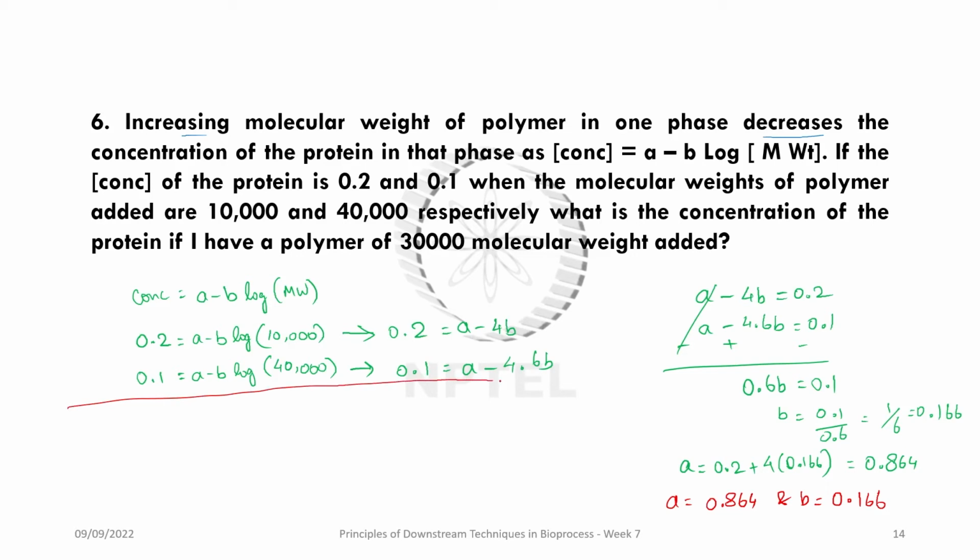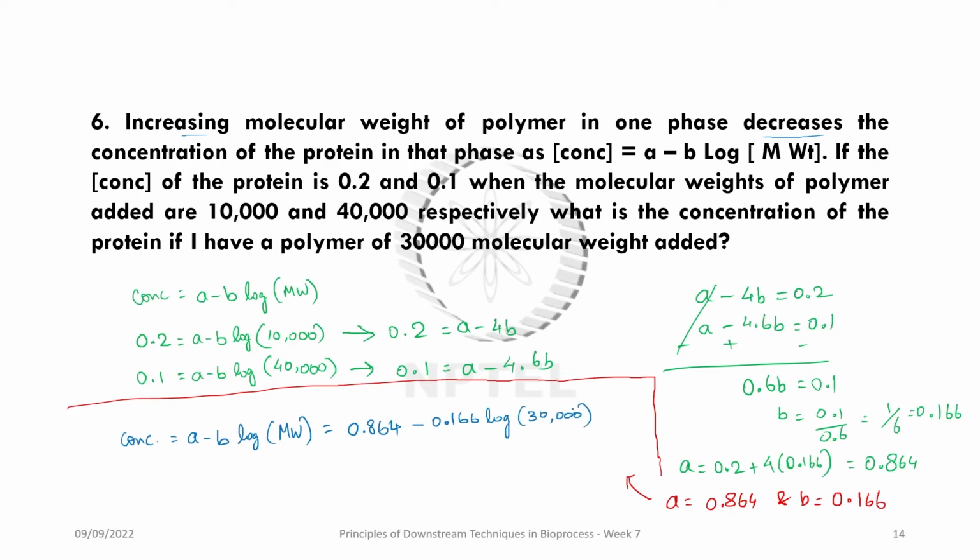So I want you all to come from there to the next step. What is the concentration of the protein if I have a polymer of 30,000? It is equal to A minus B log of molecular weight, which is 0.864 minus 0.166 into log of 30,000.